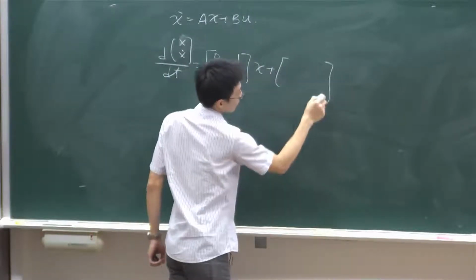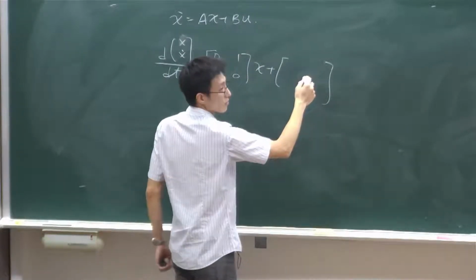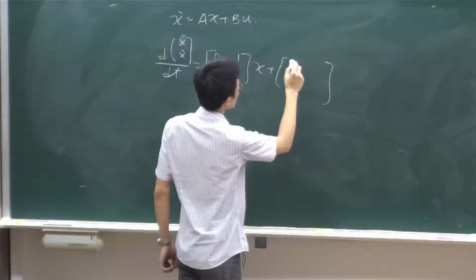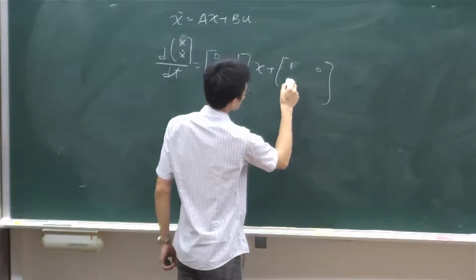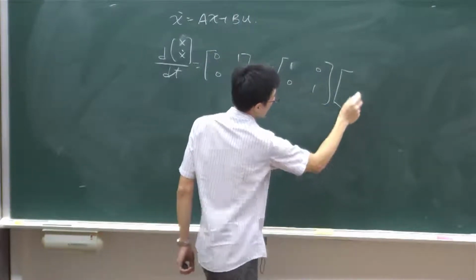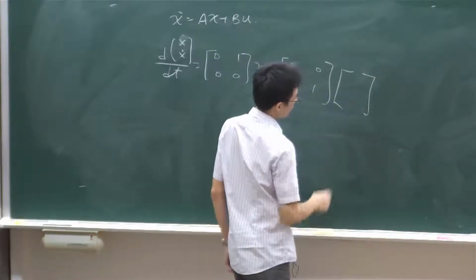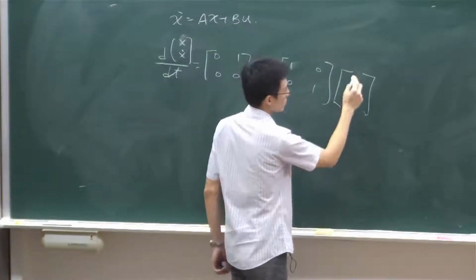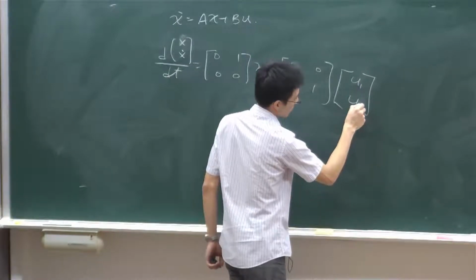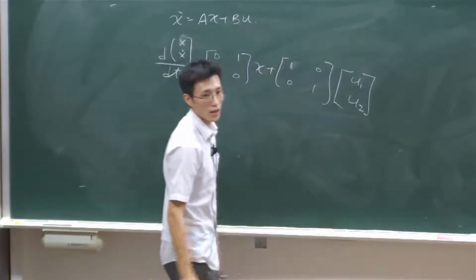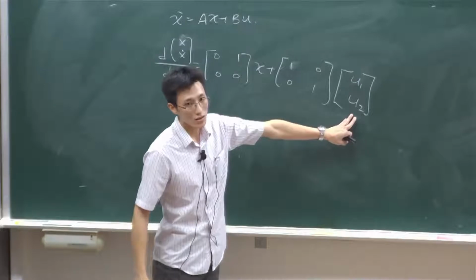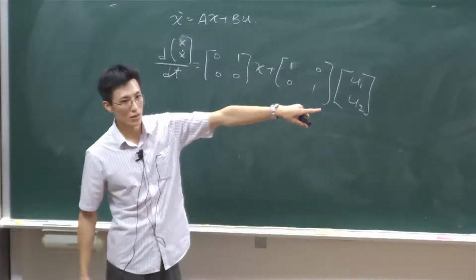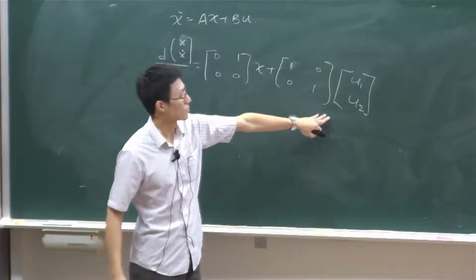B is a column vector here, but it can be a matrix too, like 1, 0, 0, 1. And U will no longer be a scalar. It will be a vector of dimension 2, if you have multiple inputs. Here is only a single input. Here is multiple inputs.